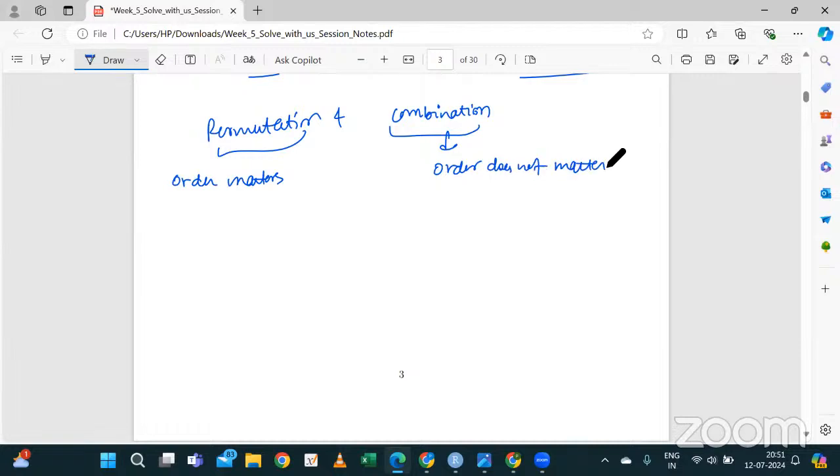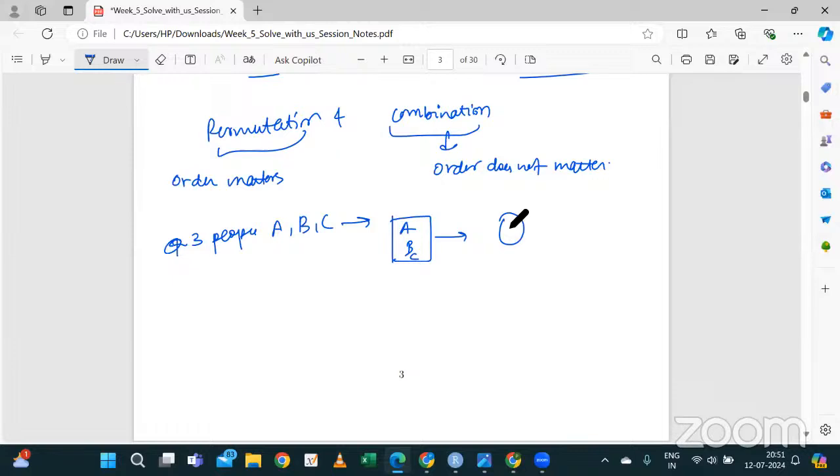For example, suppose there are 3 people in a room for simplicity: A, B, and C. If I have to select 2 people out of these 3, in how many ways can I do it?